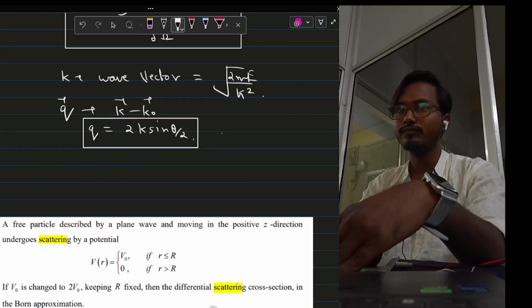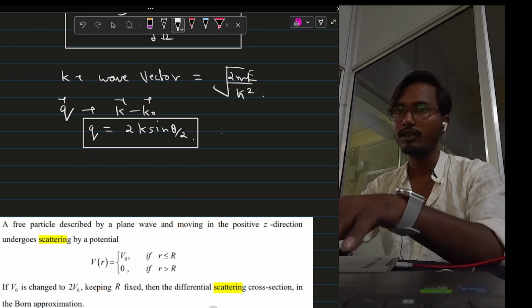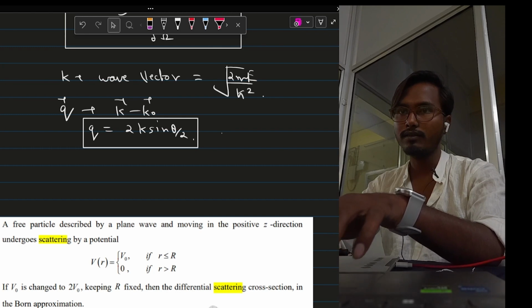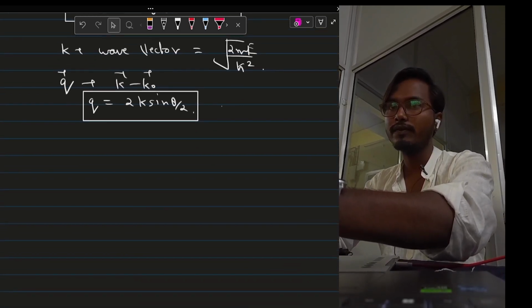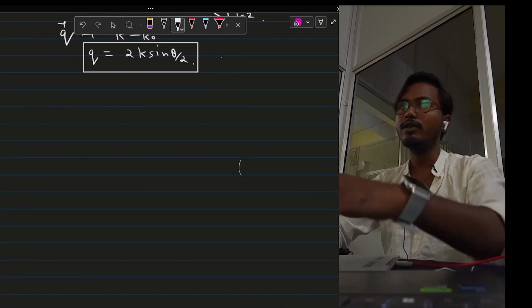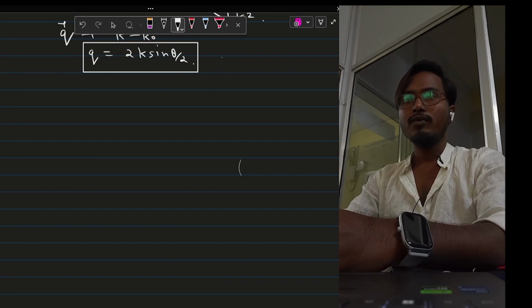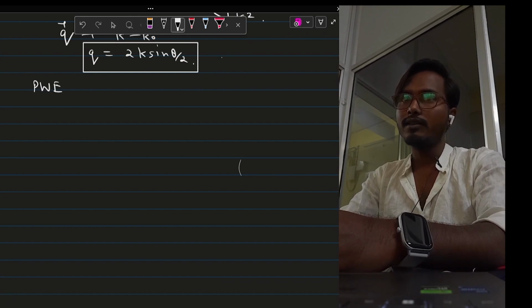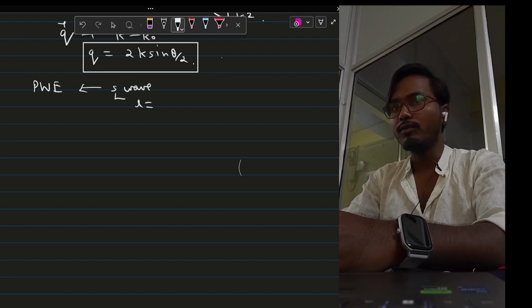Another thing you have to remember: let me create some more space here. For partial wave analysis, mostly problems are asked for the S wave. For S wave, the angular momentum is 0.